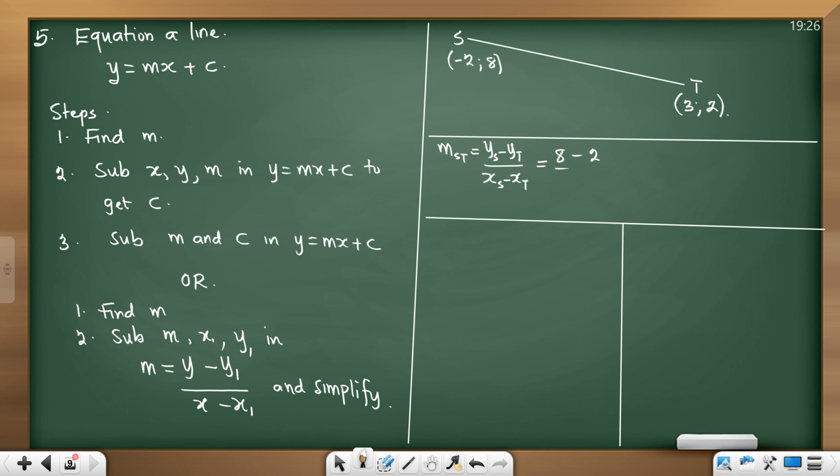The line is decreasing, so that if you make a mistake, you can deal with it. What is the X value of S? -2. And the X value of T? 3. So what is my answer? I have 6 over -5. So -6 over 5. Have an expectation, so that if there's a mistake, we can deal with it.